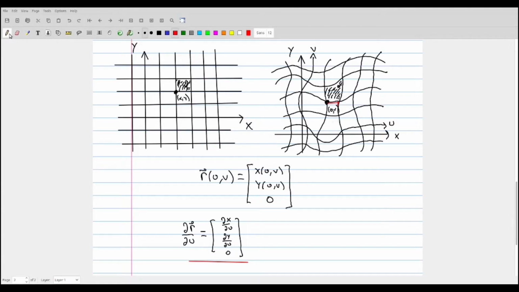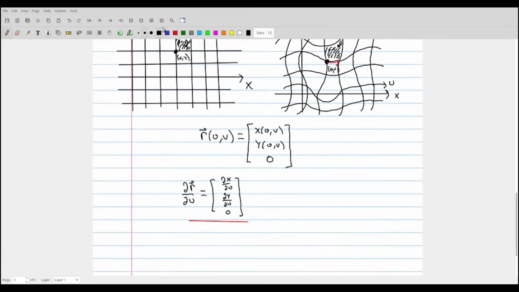Specifically, an approximation to the distance. If you take a small distance, delta u, or a small change in u, it is the vector dr du times delta u. And this is just the increment in the direction of u.